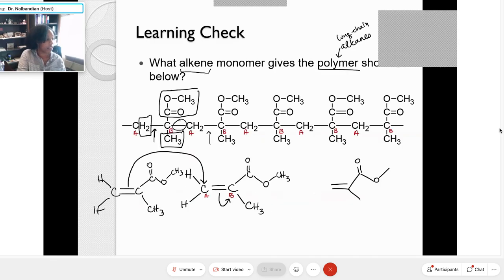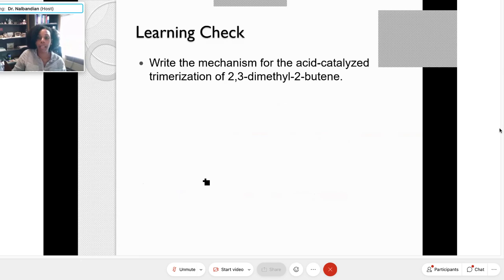All right. Now on to, well, actually, let me tell you that this is the polymer used for plexiglass. This is that plexiglass polymer that is impact resistant. All right, so now we want to do the mechanism for this trimerization.